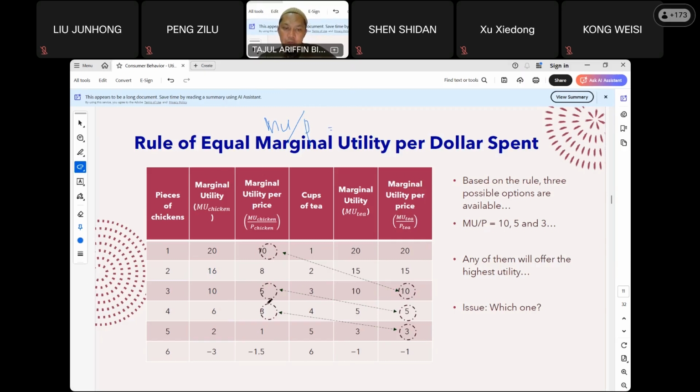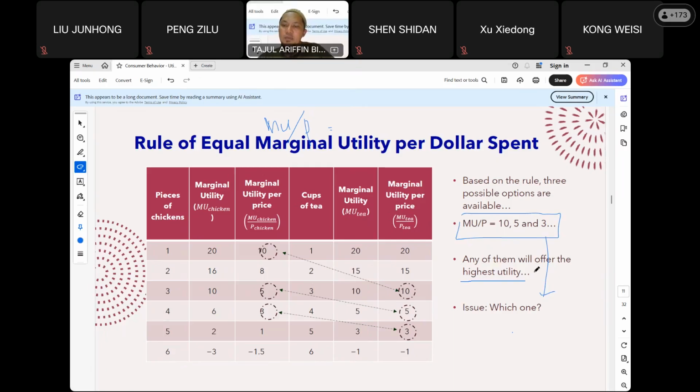The second combination is 5, meaning 3 chicken, 4 cups of tea. The third combination is 3, meaning 4 chicken, 5 cups of tea. So based on the equality condition, we have 3 possible combinations, and all are possible.